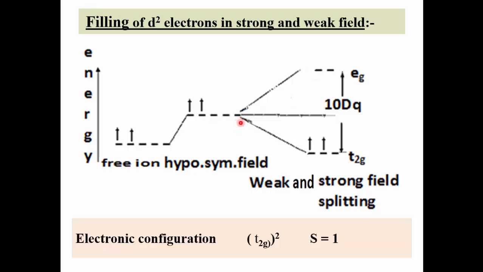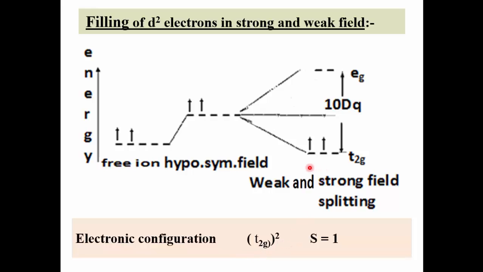As per our discussion, both electrons enter singly in t2g orbitals. Here rule number 2 is applied, Hund's rule of maximum multiplicity. There is no pairing of these electrons, but instead, as the energy is the same, the second electron enters the second t2g orbital. This is the filling of d2 electrons in weak and strong field splitting. Hence the electronic configuration is written as t2g2.